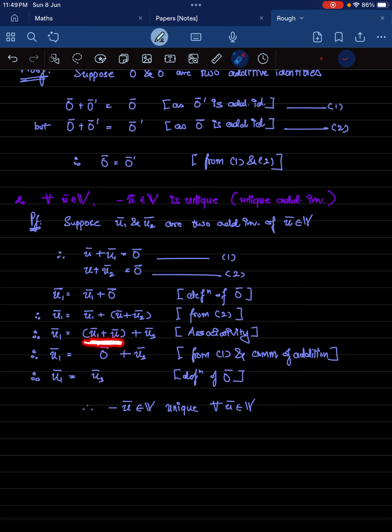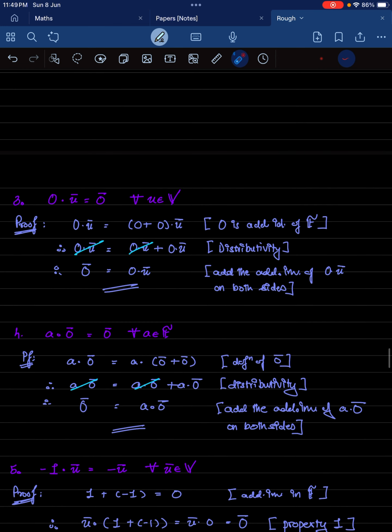Now this expression inside the parentheses evaluates to 0. That's from equation 1. And so u1, which has been the LHS all this time, is equal to 0 plus u2, which is u2. And so if we have two additive inverses, then obviously they have to be equal. That's what we have proved here. And hence the minus u, that is the additive inverse of any vector u, is unique.